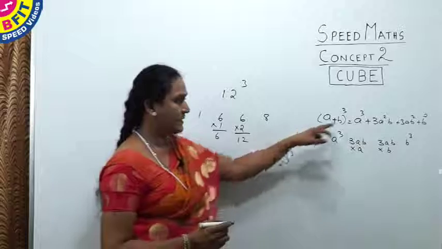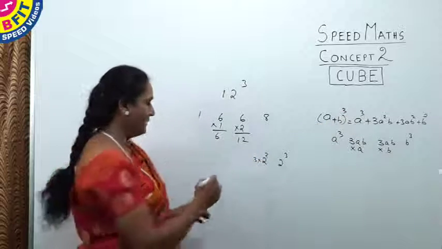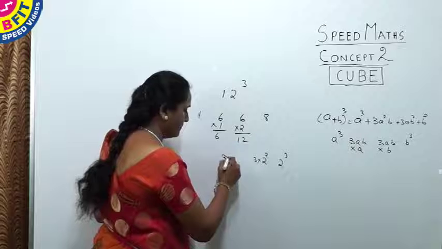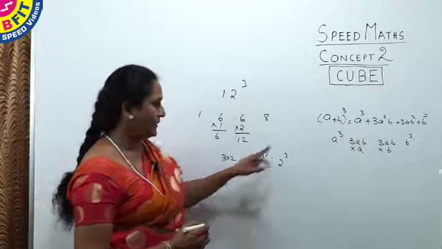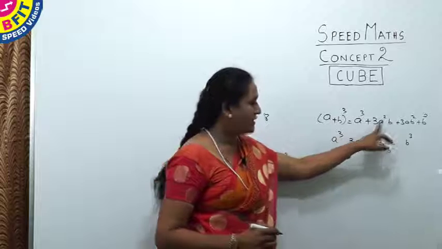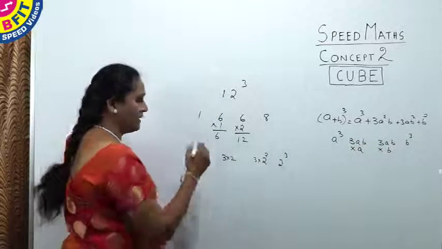As it is 3ab square, and a is 1, it is 3 into b square. Then 3a square b, as a is 1, is 3 into b, that is 3 into 2, and then 1.